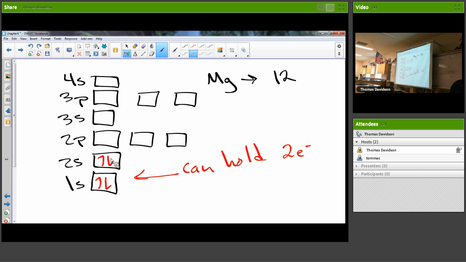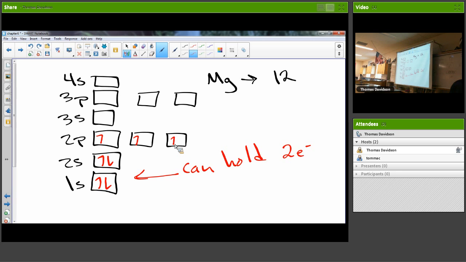And then what? Right. Yep. So the third rule I said, in the same row, don't pair until you have to, right? So the next 3 would go singly in a box. You all right with that?